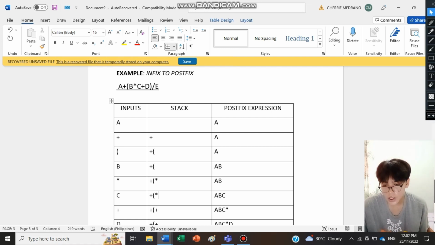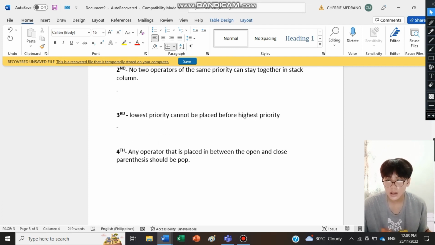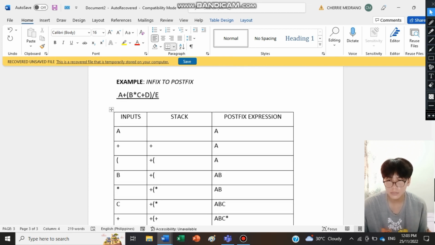As you can see here, the multiplication or asterisk sign disappeared from the column. What is the reason? In our rule number 3, it says that lowest priority cannot be placed before highest priority.